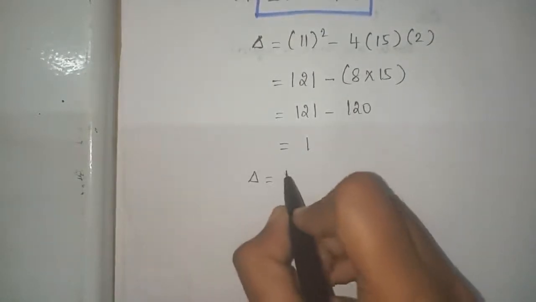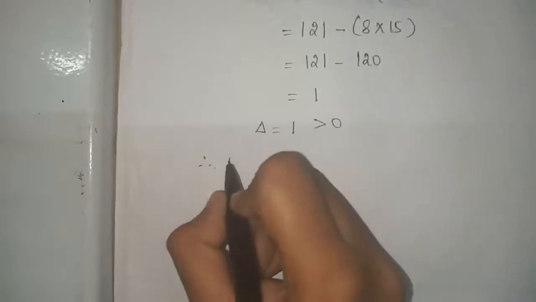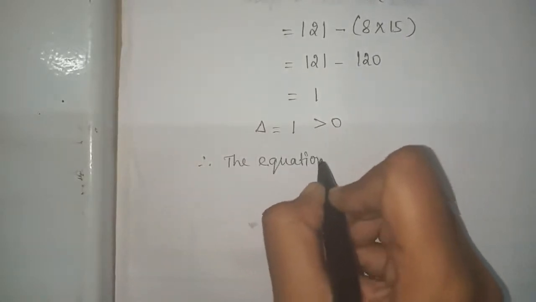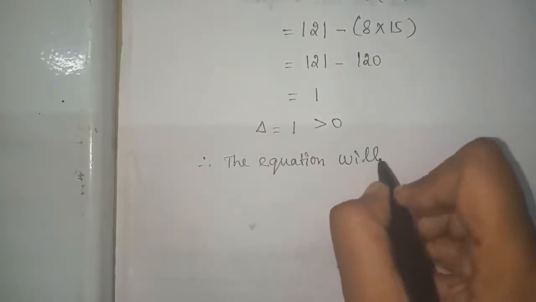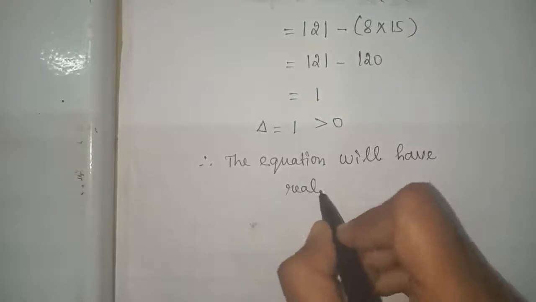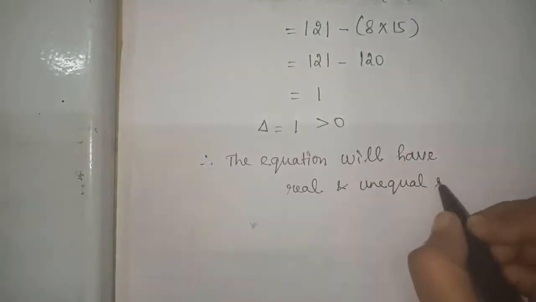Therefore, delta is equal to 1, which is greater than 0. Therefore, the equation will have real and unequal roots.